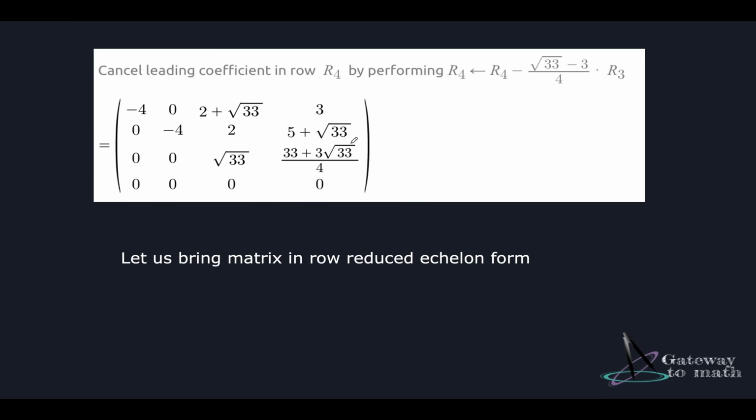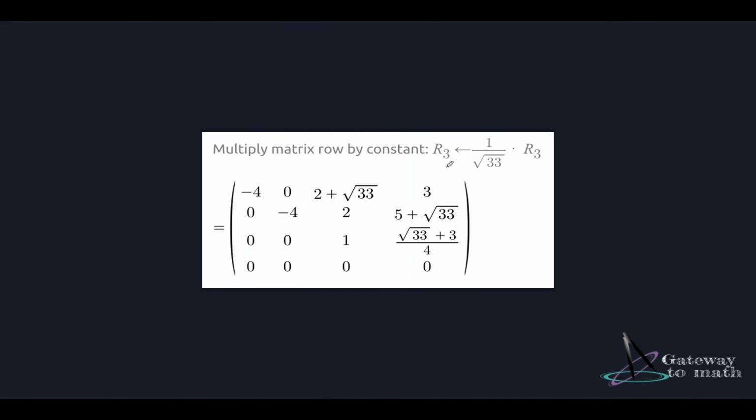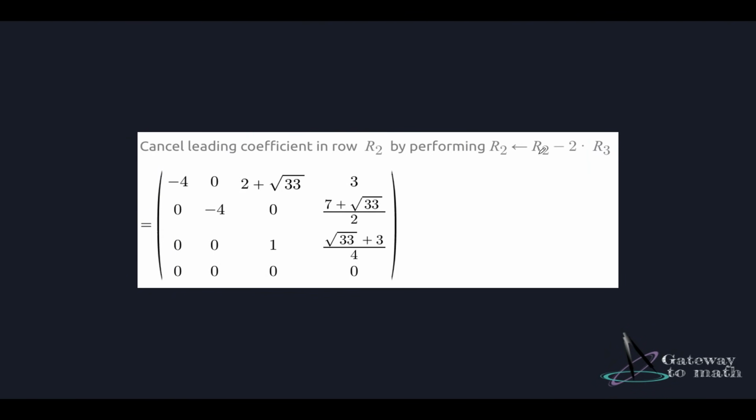So now let us bring this matrix in row reduced echelon form, given this matrix is in row echelon form now. So the first operation that we'll do is R3 equals 1 upon under root of 33 times R3, and we'll insert it in R3. Like I said, R3 equals 0, 0, 1, under root of 33 plus 3 upon 4. The next operation is R2 minus 2 times of R3.